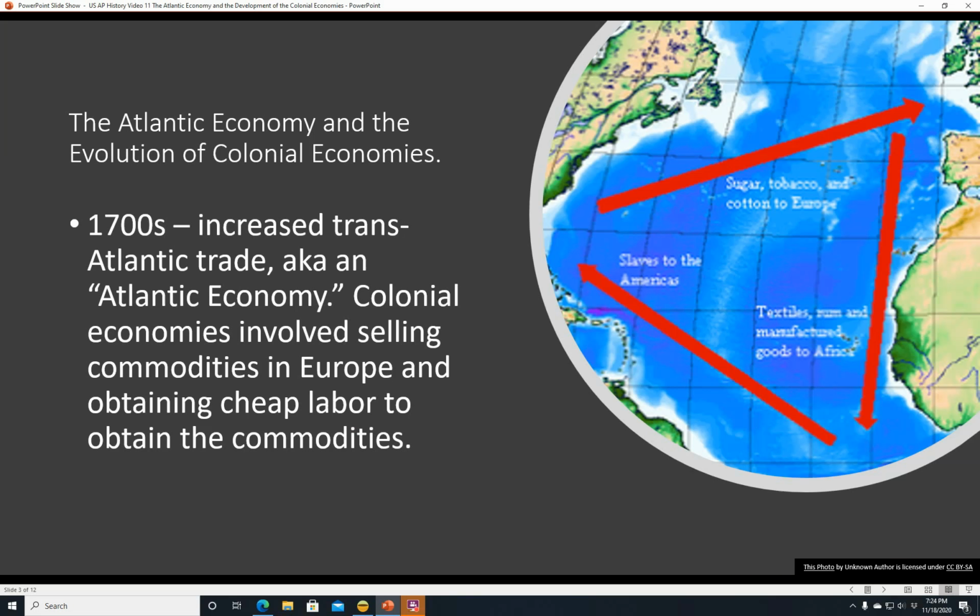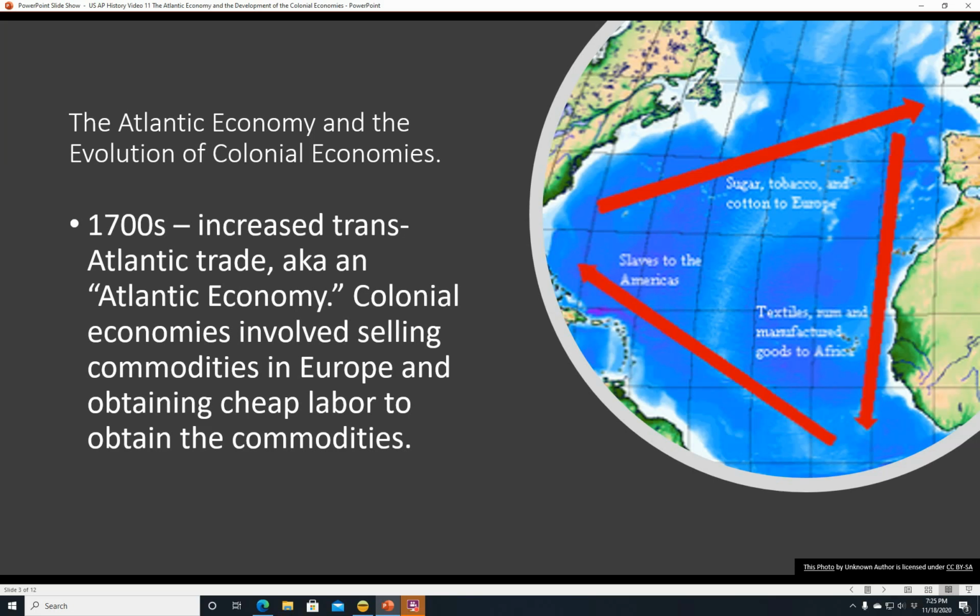All right. The Atlantic economy and the evolution of colonial economies. In the 1700s, increased transatlantic trade, also known as an Atlantic economy, developed. Colonial economies, so that would be in the Americas here, involved selling commodities such as sugar, tobacco, and cotton to Europe, and then Europe would send manufactured goods such as textiles, rum, and manufactured goods to Africa, and Africa would send slaves to the Americas.